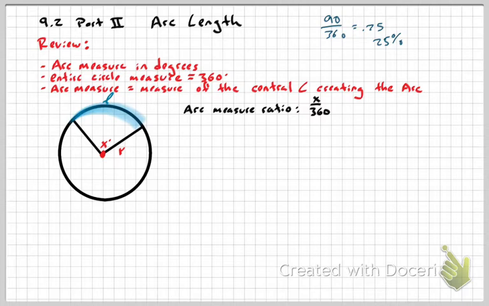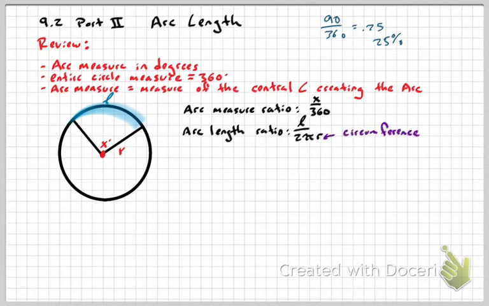Okay, and so the reason why that's important is because the arc length, remember arc length is in inches, feet, compared to the circumference is the exact same ratio, right? So if I think of that highlighted part in blue, that's a certain percentage of the entire circumference. And we know circumference is all the way around, right?